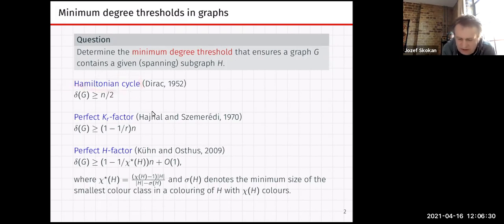Dirac in 1952 showed that n/2 is the threshold for the appearance of a Hamilton cycle in a given graph with at least 3 vertices. Of course, this condition is optimal and cannot be decreased.